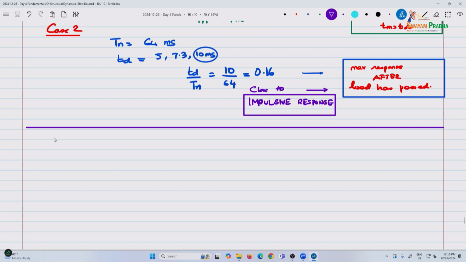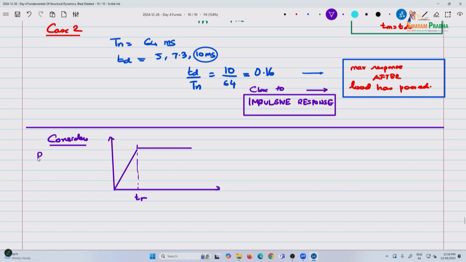Now, consider a load with a rise time. So, this is TR.